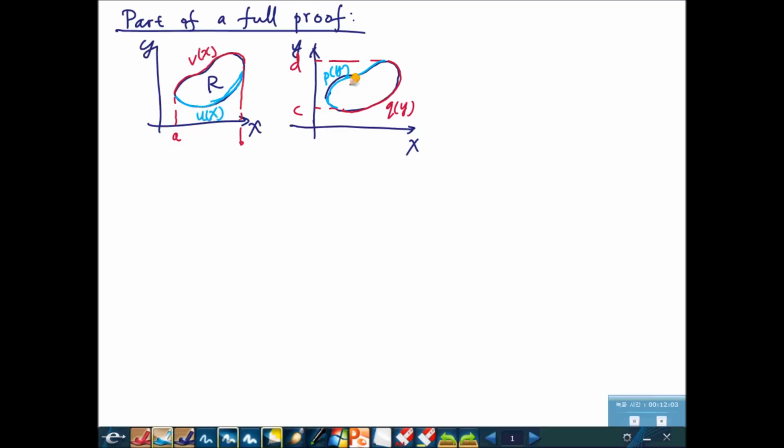So we have this double integral in this situation. That's the same region R.